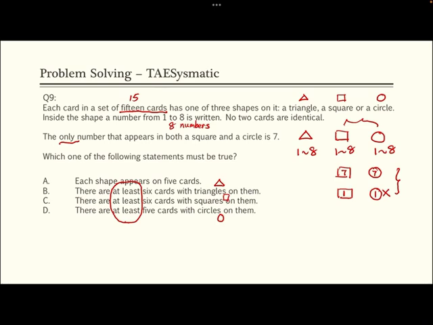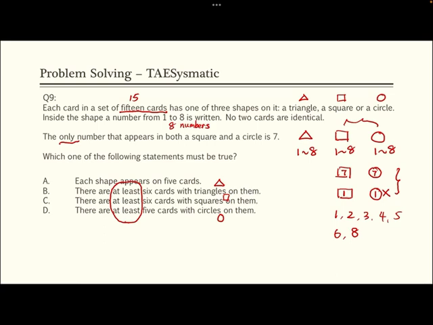The only number appearing in both the square and the circle is 7, so the rest of the numbers, 1, 2, 3, 4, 5, 6, and 8, either show in the square or in the circle, but cannot be both.